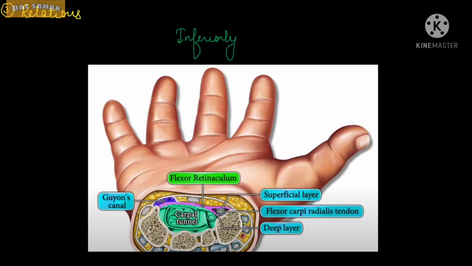Now relations of flexor retinaculum. There are inferior and superior relations of flexor retinaculum. The inferior relationships are the contents of carpal tunnel. What are the inferior relationships? They are contents of carpal tunnel.